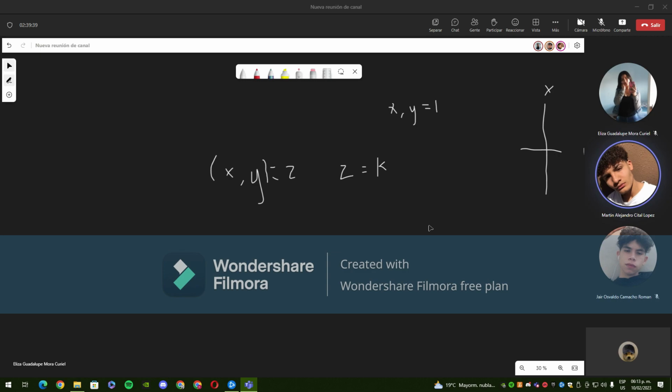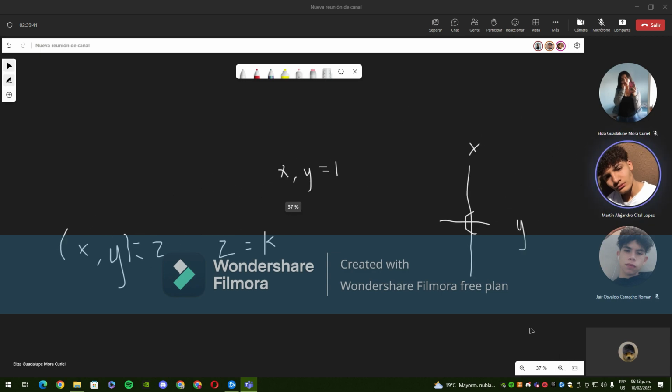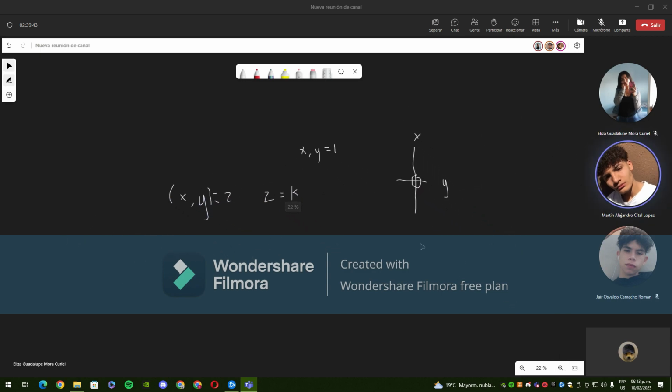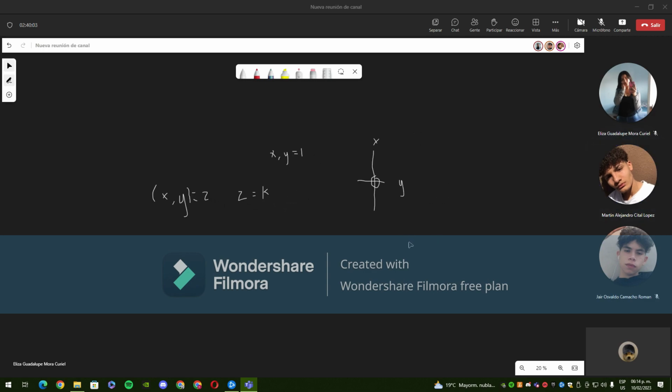For example, the level curve is here because the center is 0, 0 and the level curve is equal to 1. It passes through the number 1 in x, number 1 in minus y, number 1 in minus x, and number 1 in y.